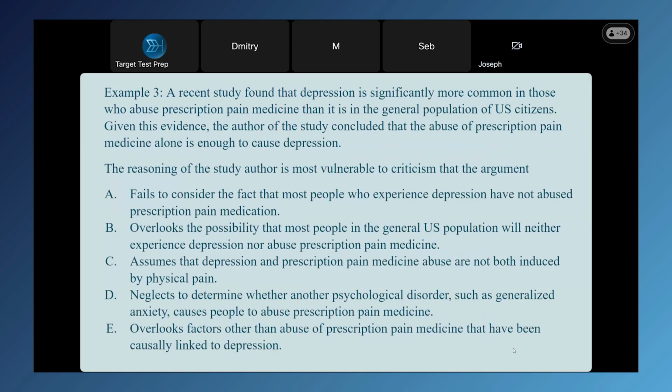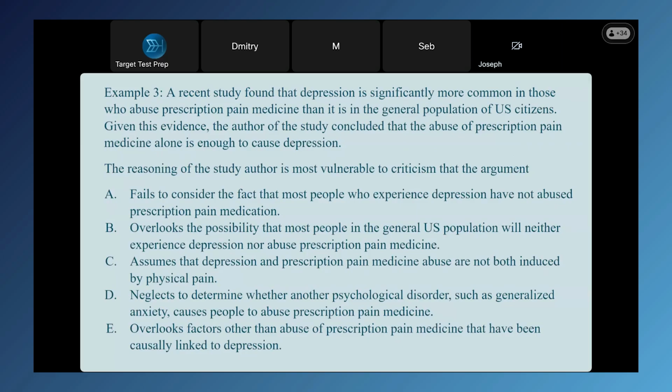So E is something the argument does. It does overlook factors other than abuse of prescription pain medicine that have been causally linked to depression, but that is not a logical flaw because it is only talking about the causal relationship between abusing pain medication and depression. So even if other things cause depression, that is simply not the focus of this argument.